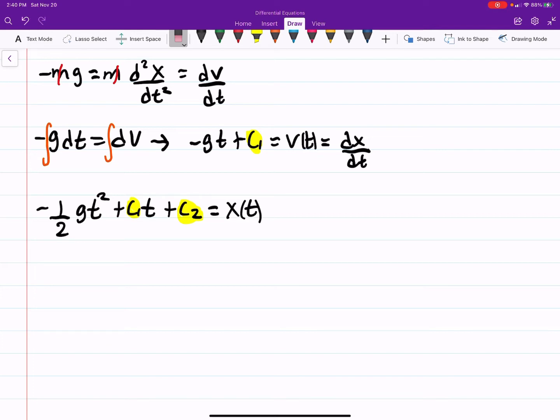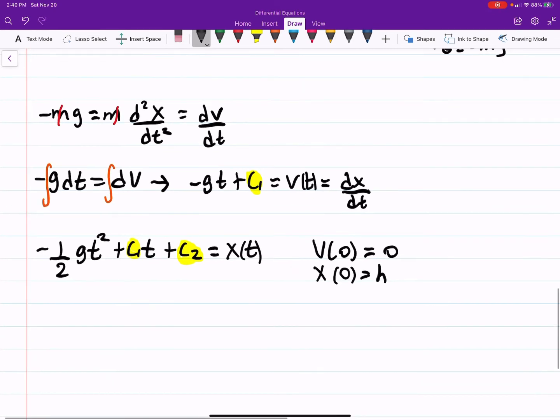And if you know, for example, the velocity at time 0 equals 0, and the position at time 0 equals, let's say, h, well, when t is 0, we get 0 plus c1 equals your velocity at 0. Oh, so c1 is just 0.